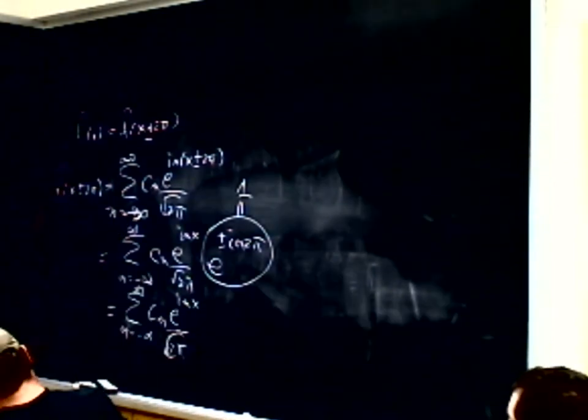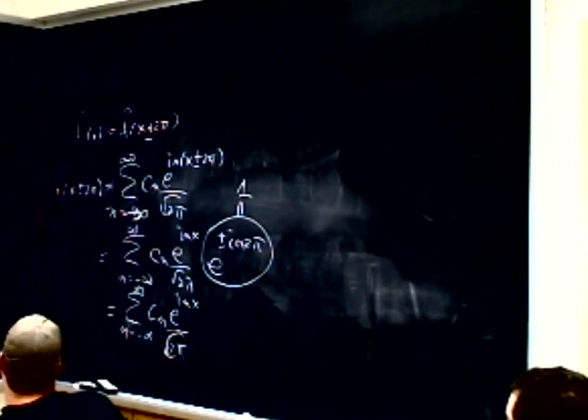Okay? So when you express a function as a linear combination of these e to the i n x's, these orthonormal functions, or orthonormal vectors if you want, you always get a function that's periodic of period 2 pi.